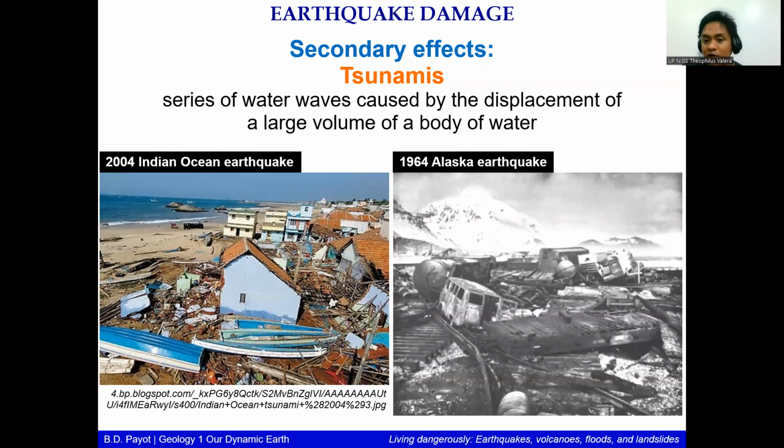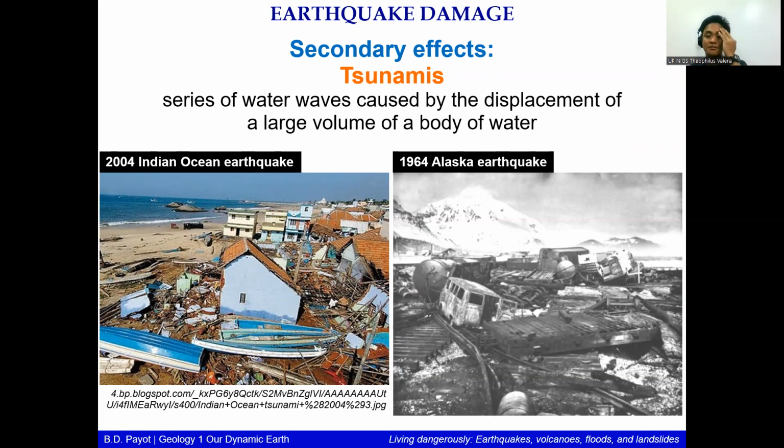Itong tsunamis are more common kapag sinabi natin tsunamis, these are series of water waves caused by the displacement of a large volume of body of water, either through earthquakes or through submarine landslides. So if you have submarine landslides, the effect is the same. You generate tsunami waves, right?